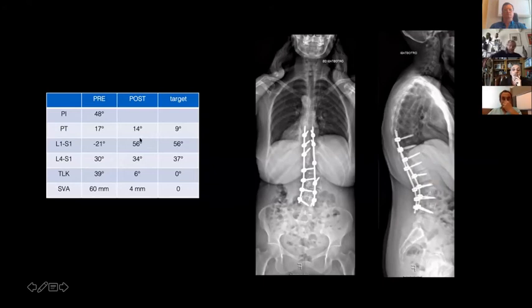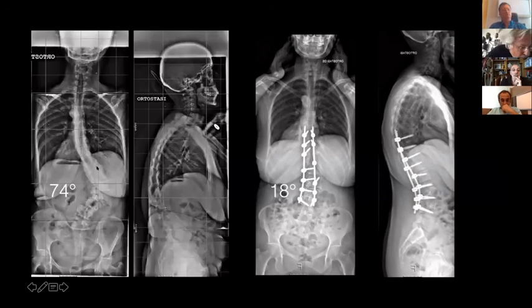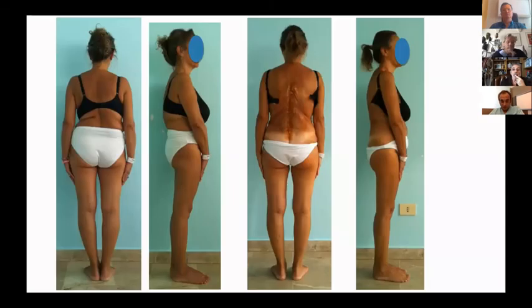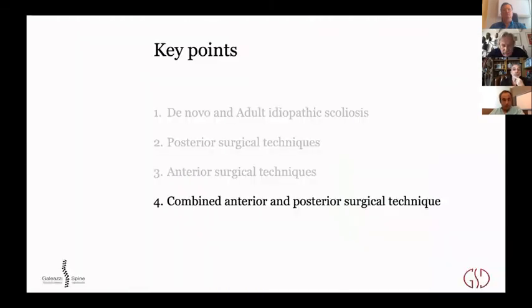This is very close to exactly the ideal one. Also, the distribution is very good. What is relevant is also the correction of the scoliosis because of the extensive release with this kind of approach. This is the patient before and after the surgery.